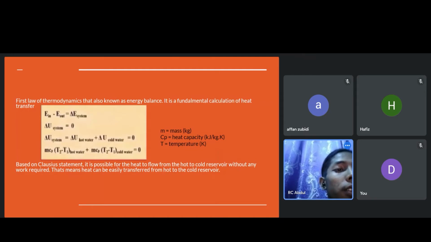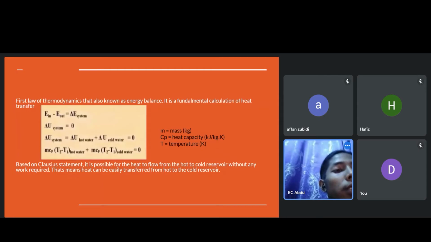Another equation is m Cp (T2 minus T1) hot water plus m Cp (T2 minus T1) cold water equals 0, where m is mass, Cp is heat capacity in kJ per kilogram Kelvin, and T is temperature in Kelvin.